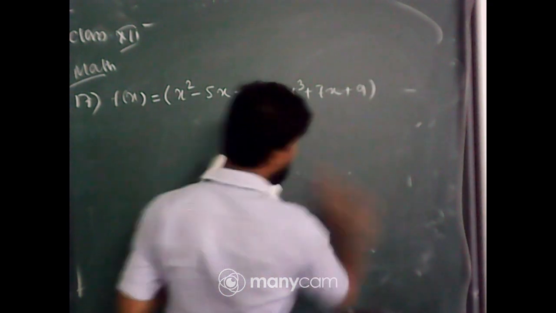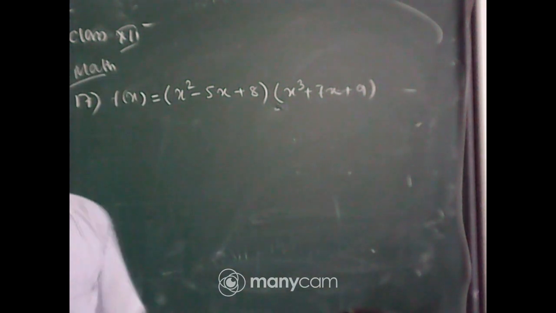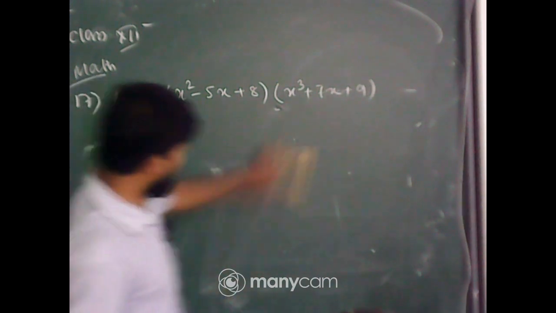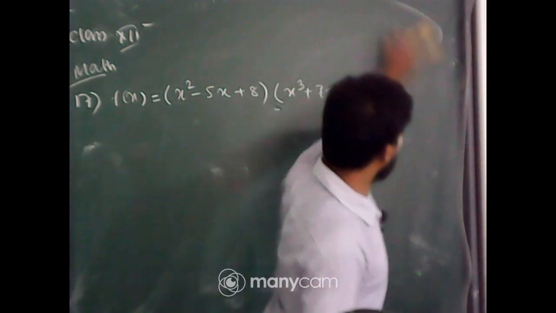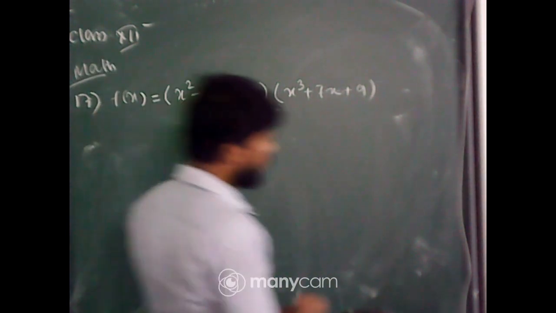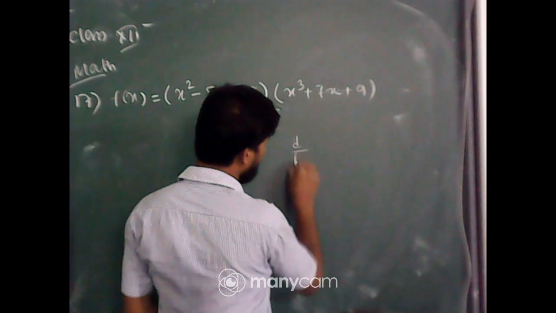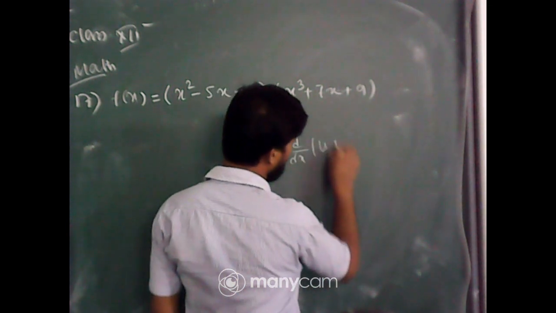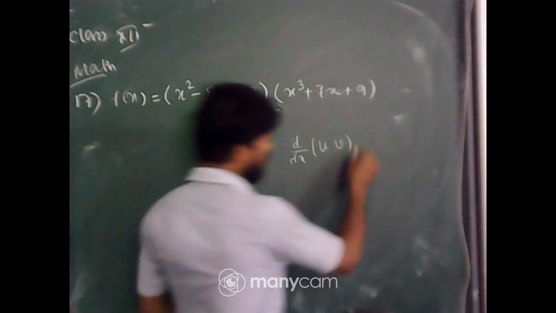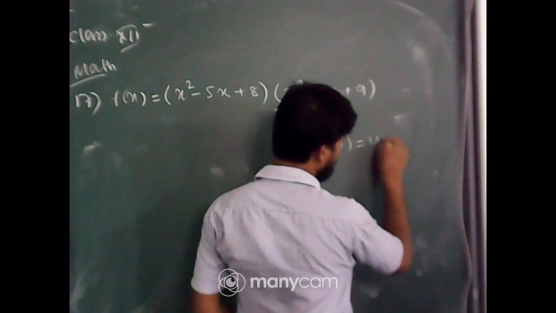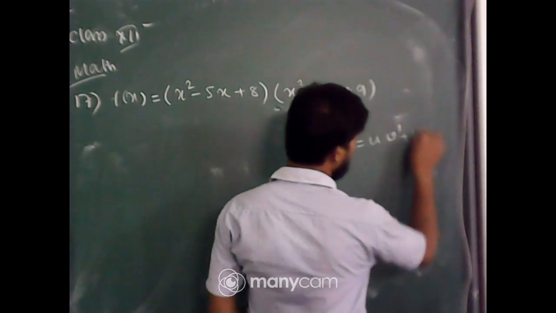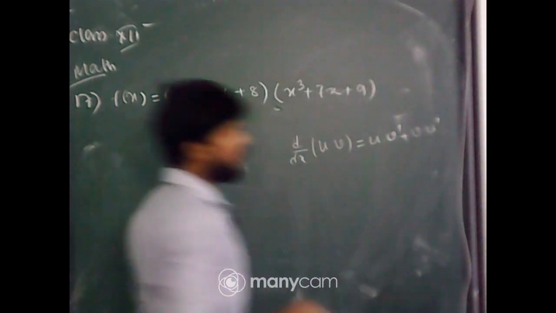So we have to find the differentiation of this function, first by using the product rule. I think you know the formula of the product rule, but I am writing it again for you. The product rule is d/dx of u into v, where u is the first function and v is the second function: first function into derivative of second function plus second function into derivative of first function.